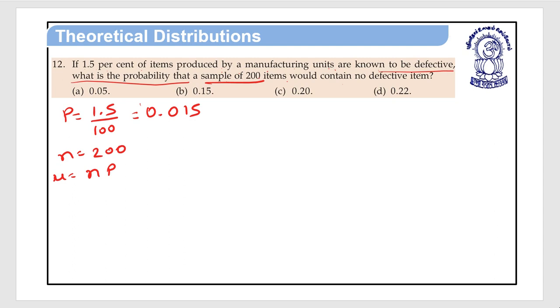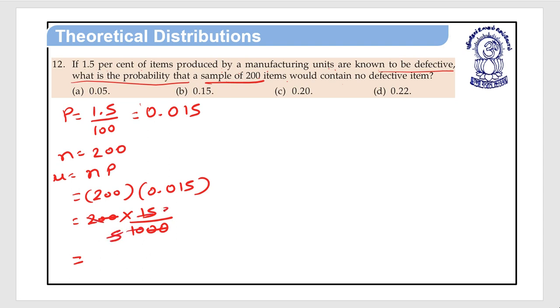So here n is 200, p is 0.015, so 200 into 15 by 1000. 2 5s are 10, 5 3s are 15, so 3.